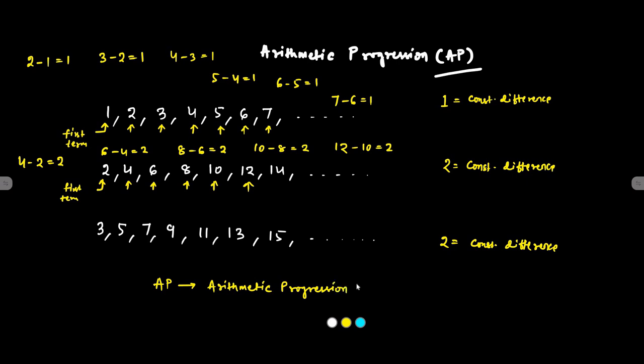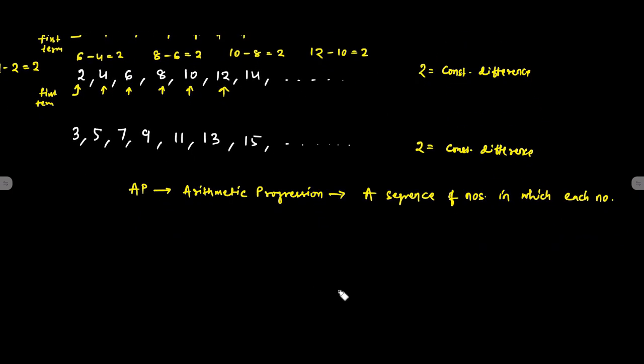So basically what arithmetic progression is, is a sequence of numbers in which each number differs from its preceding number or previous number by a constant difference.